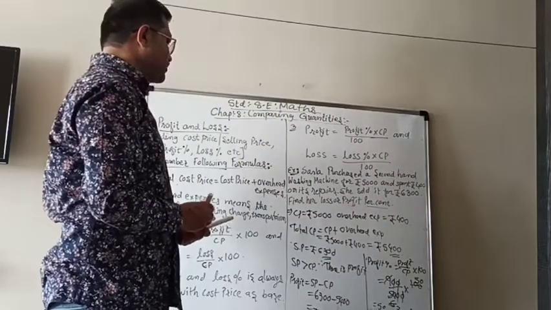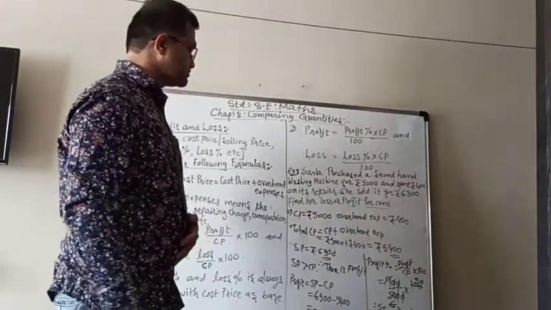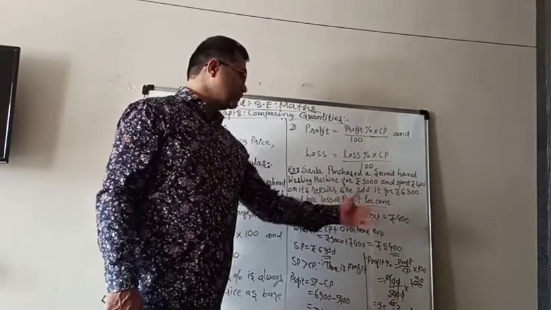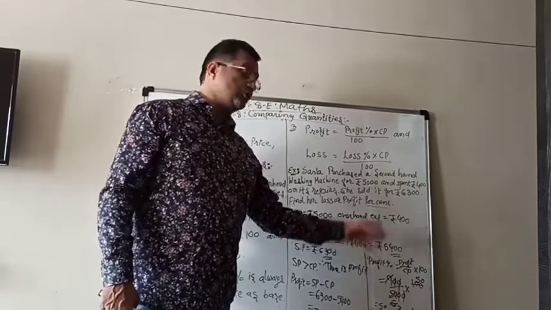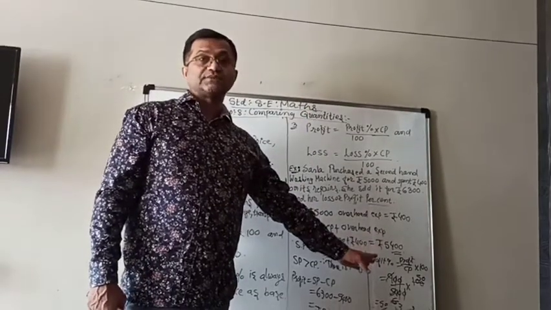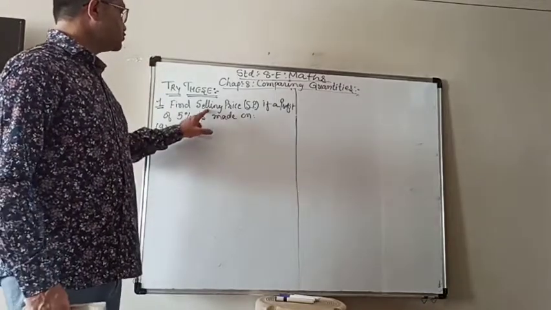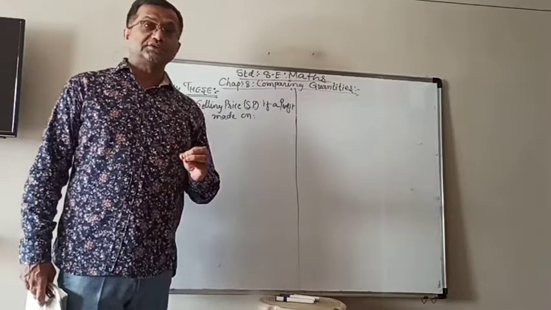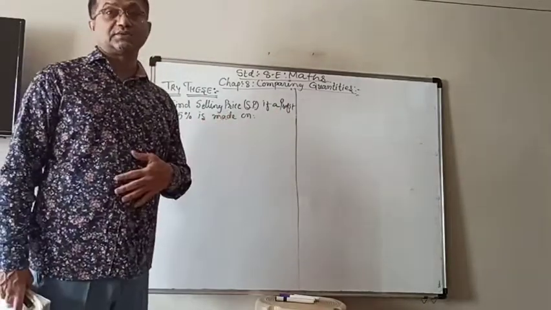So first we find profit and then we have to find the profit percentage also. So profit is this and then profit percent. We have the formula profit upon CP multiplied by 100 and then you simplify to get the answer. Now some examples in Try This is to find the selling price if a profit of 5% is made.